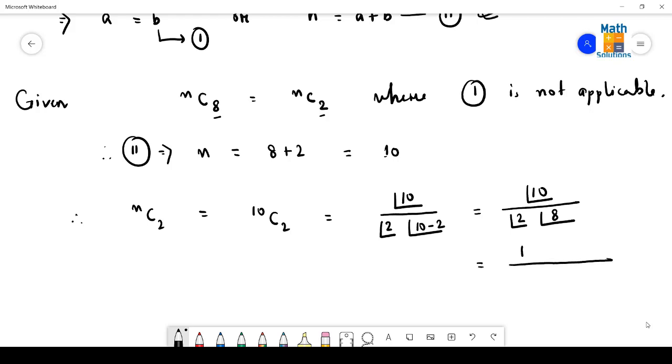Now breaking 10 into 10 into 9 into factorial 8 divided by 2 into factorial 8. These two got cancelled, so I get here 5 after cancellation, and the result comes as 45.